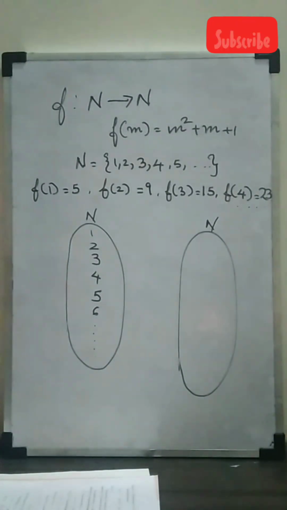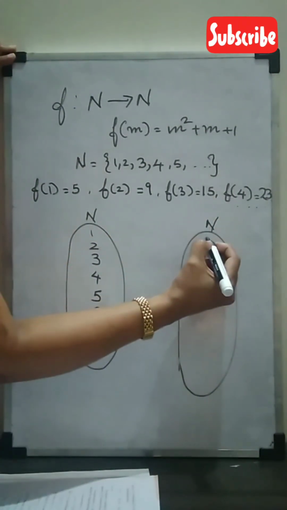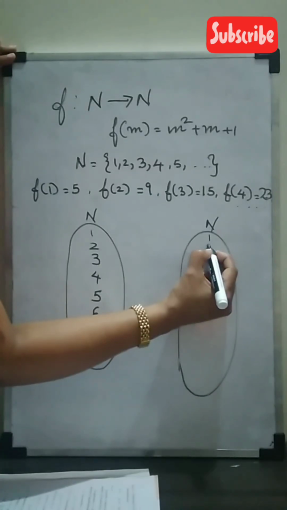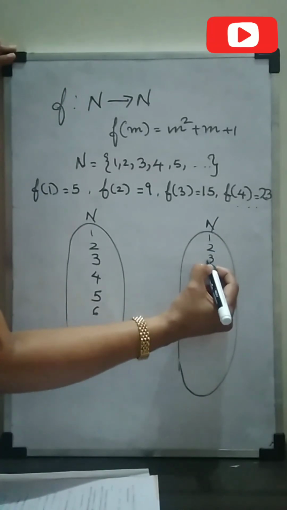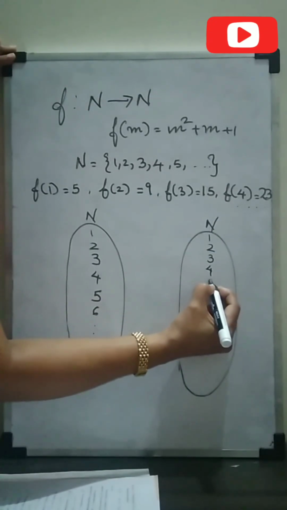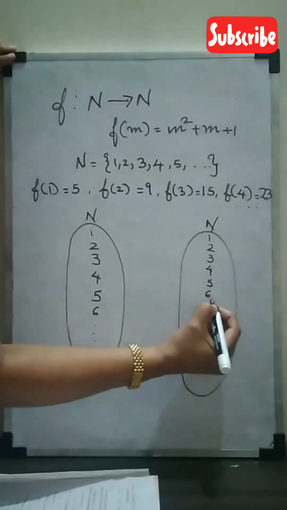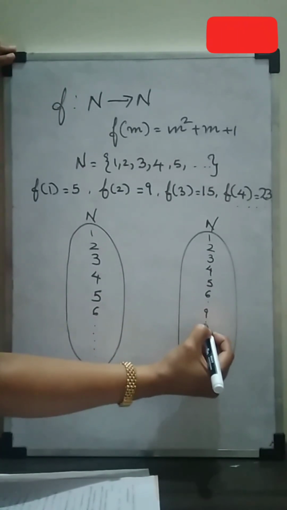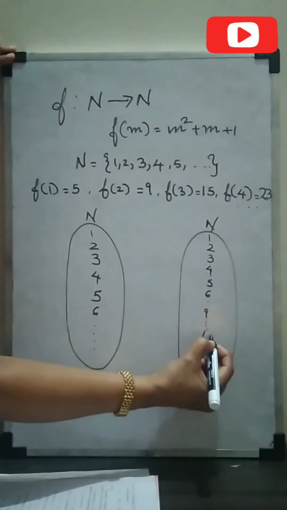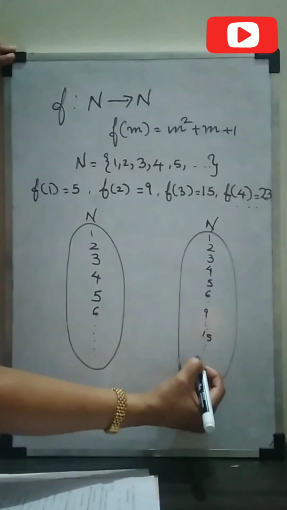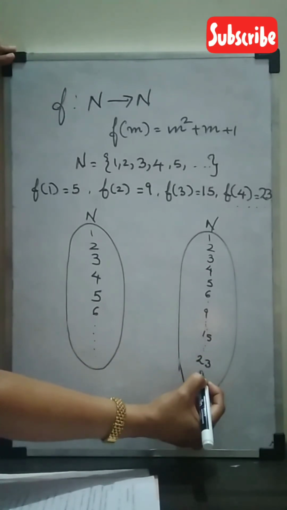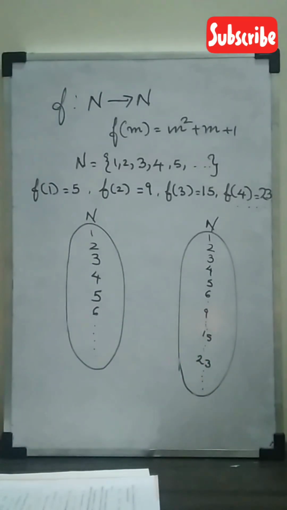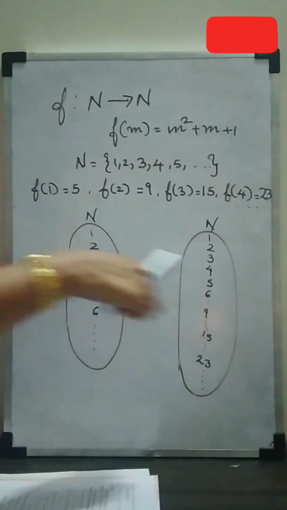Okay, அதே மாதிரி codomainல என்னென்ன elements வரும்? 1, 2, 3, 4, 5, 6, etc. 9, etc. 15 and etc. 23 and so on. Okay, இதுதான் நம்மளுடைய codomain, ரெண்டுமே natural numbers.